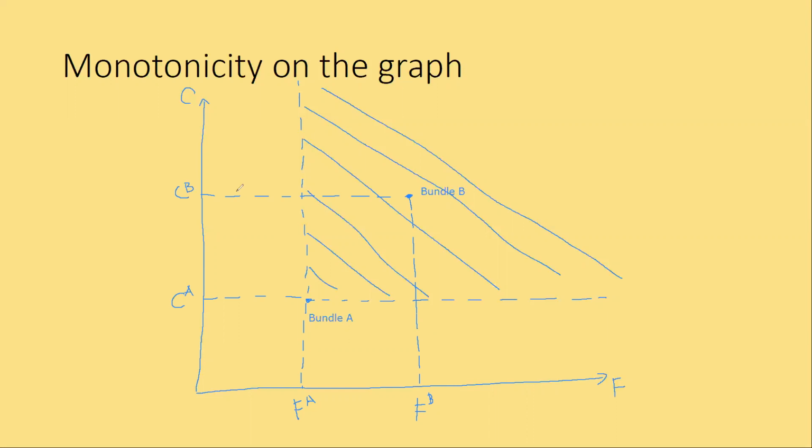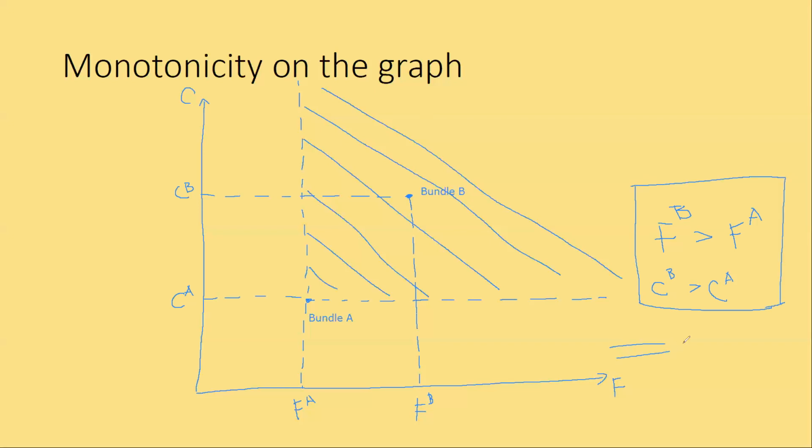This is the amount of clothing that bundle B has. We can see that for any point in this shaded area, the amount of food it has is strictly larger than the amount of food that bundle A has. And also, the amount of clothing it has is strictly larger than the amount of clothing that bundle A has. So for any point in this region, these two inequalities hold.